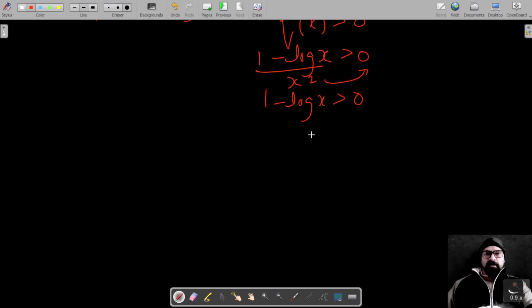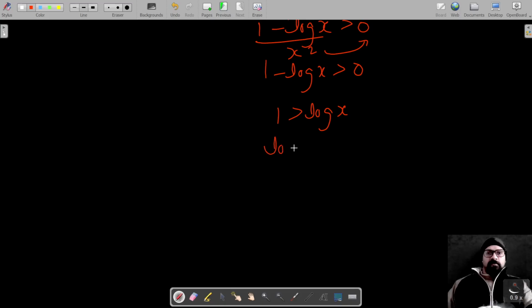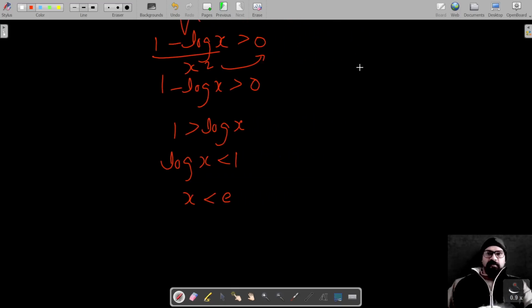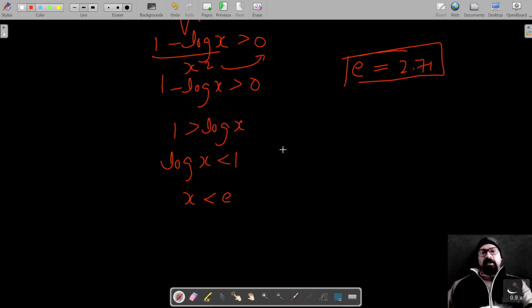Taking this to the right hand side, 1 is greater than log x, or log x is less than 1, or x is less than e. We know that the value of e is approximately 2.71.